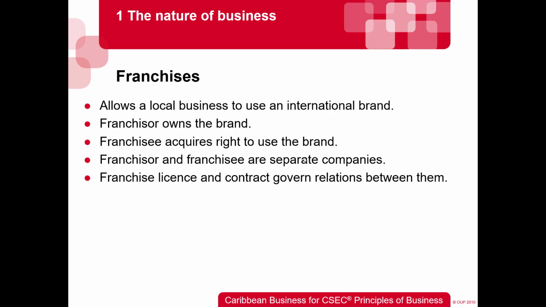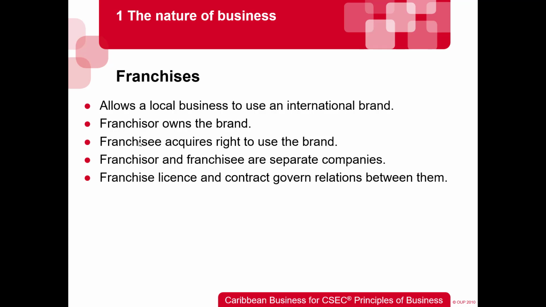All right, so a franchise's license and contract govern the relationship between the franchisor and the franchisee. What does this mean? You cannot just up and decide to do whatever you want with the people's brand and the people's recipe and the people's logo and the people's color scheme. You can't just up and do what you want.